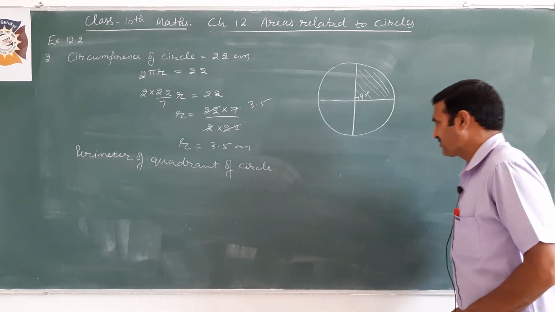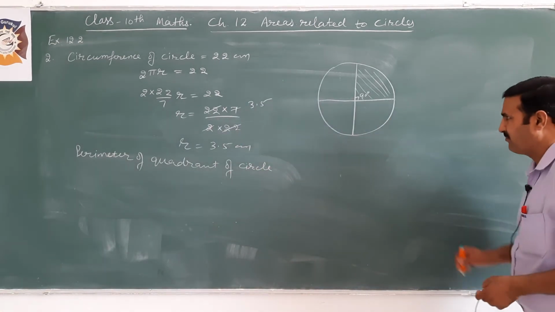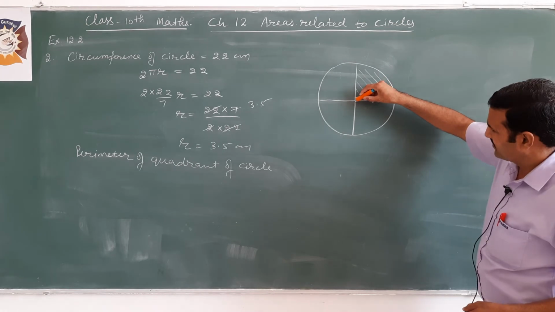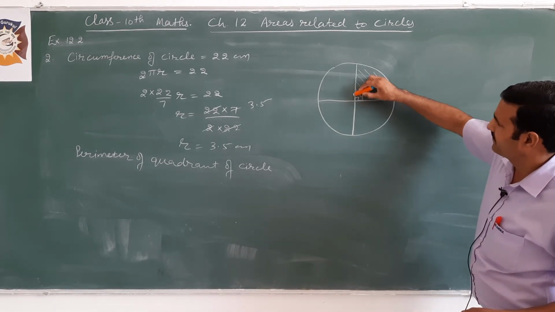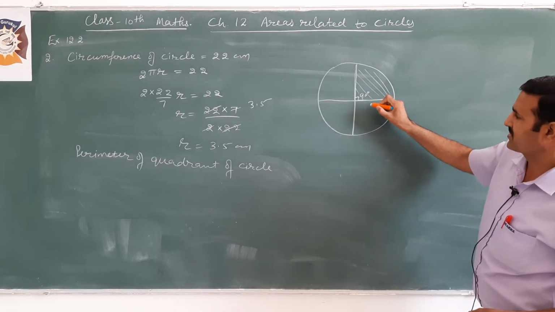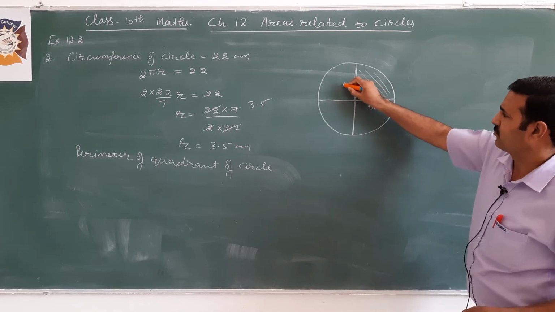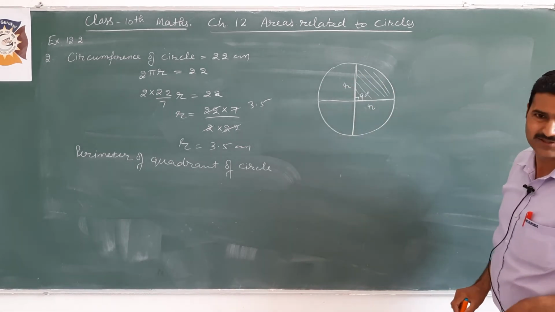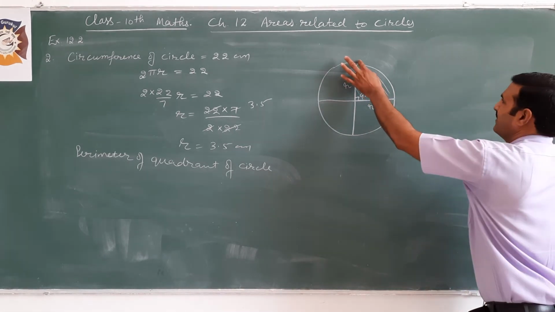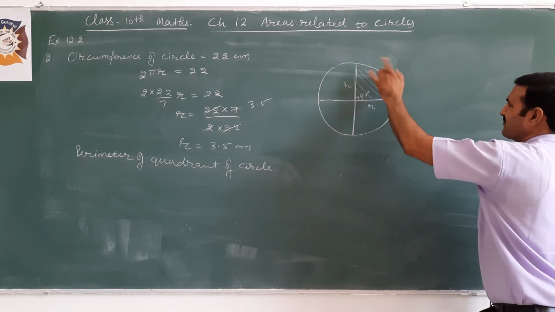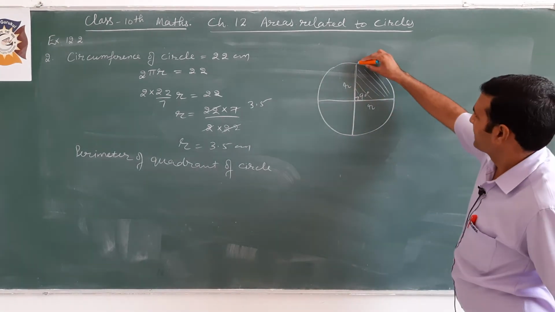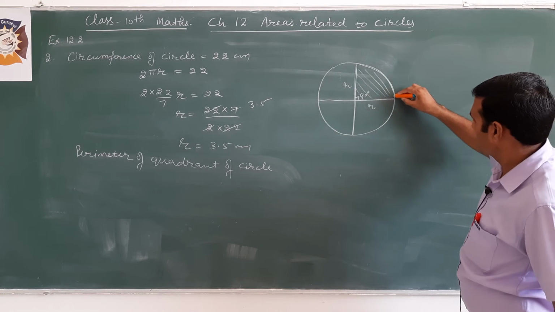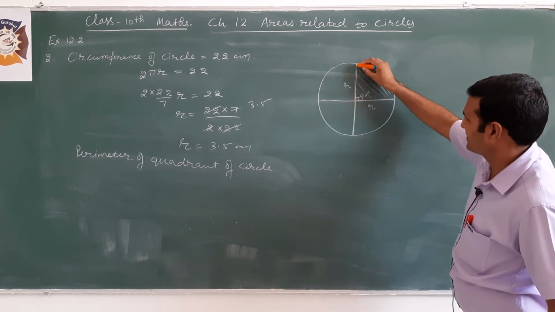We know the perimeter of any figure is the length of the boundary of the figure. These are the radii of the circle, and quadrant is the region bounded by the two radii and this arc, and this arc is 1/4. So length of this arc plus this radius plus this radius.